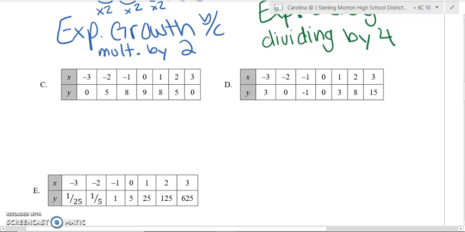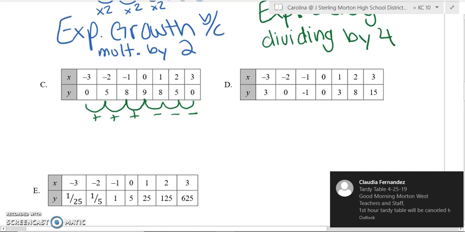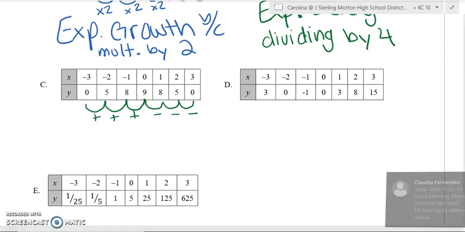Table C, I went from 0, 5, 8, 9, 8, 5, 0. If you notice, from 0 to 5 we've increased. 5 to 8 we increase. 8 to 9 we increase. However, 9 to 8 we start to decrease. 8 to 5 we decrease. 5 to 0 we decrease. So in this case, it would not be any of the exponentials, just for the fact that I started increasing but then I decreased.